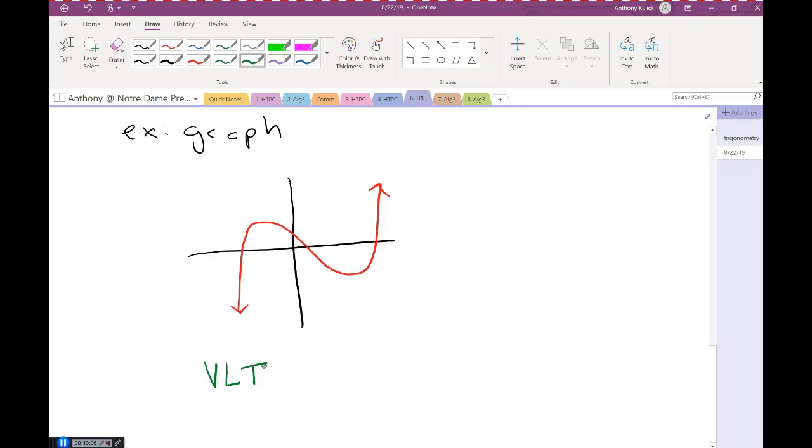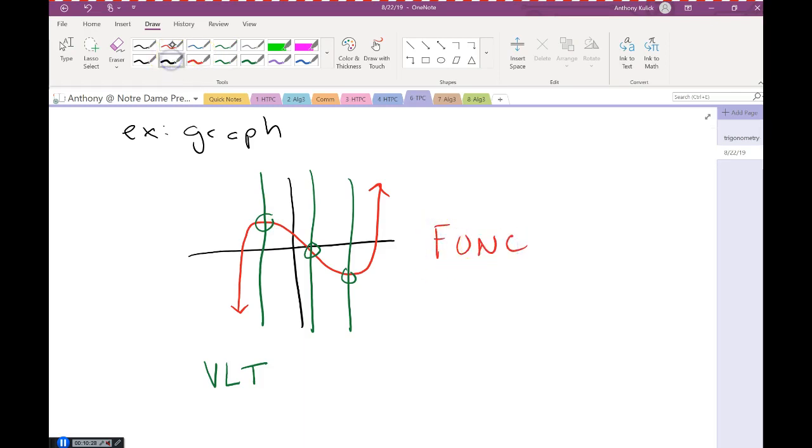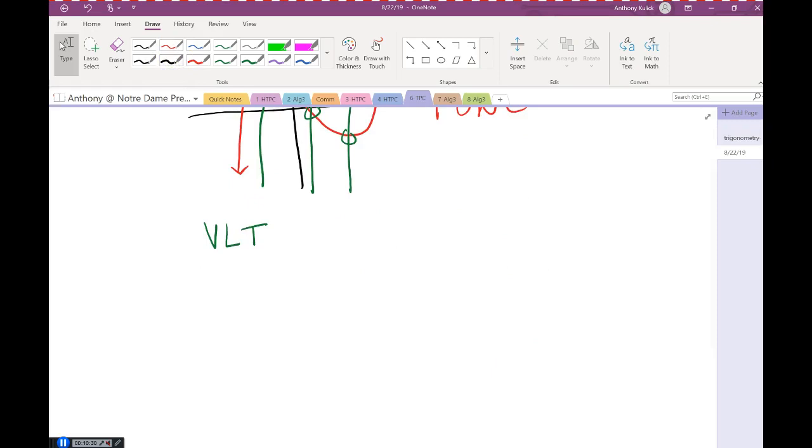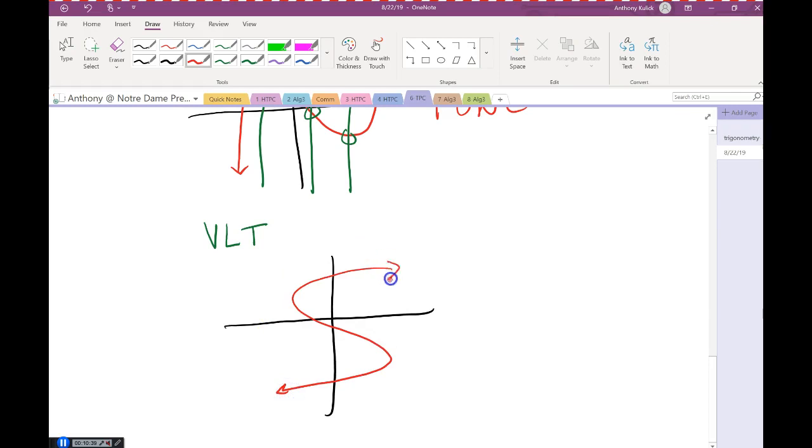So in this case, is this a function? Is the one that I've drawn a function? Yes, right? No matter where I draw that vertical line, it's only going to intersect the graph one time. So that's definitely a function. What would it look like if it was not a function? So imagine something like this.